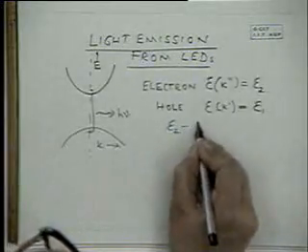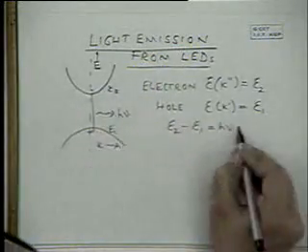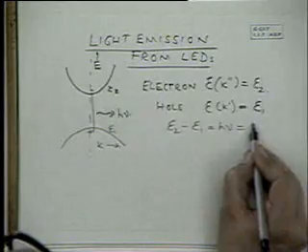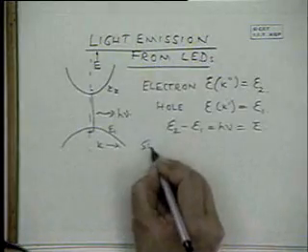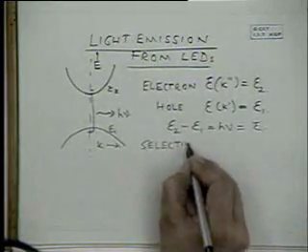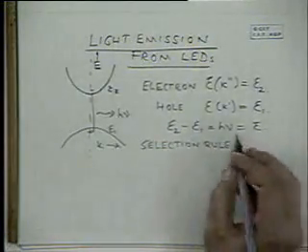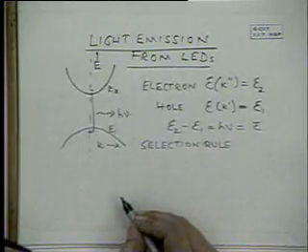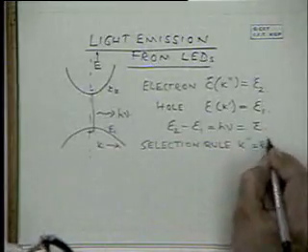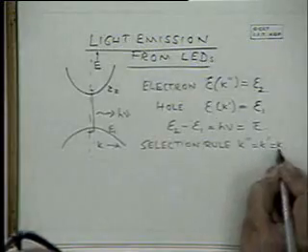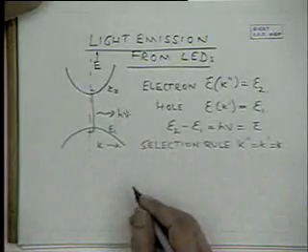So E2 minus E1 is h nu, which is equal to E. From the selection rule, since the photon has zero k vector on this scale, k dash must be equal to k double dash, equal to k, for high probability of electron-hole recombination.